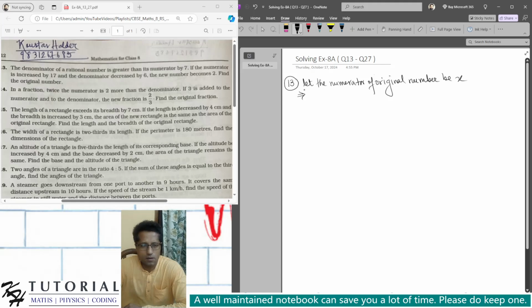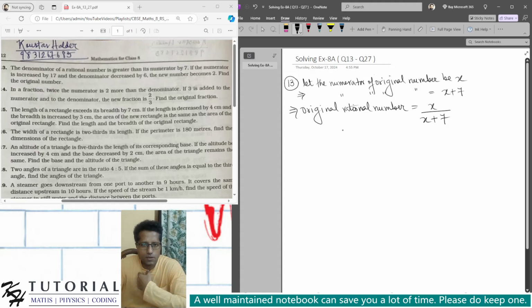This implies, as per the given problem statement, the denominator of the original number is greater than the numerator by 7, so x plus 7 is the denominator. So the original rational number will be p by q, that is numerator divided by denominator, so it will be x by x plus 7. This is the original rational number.